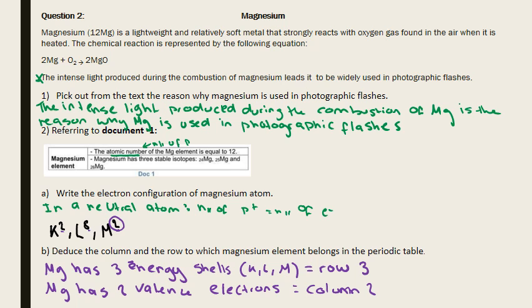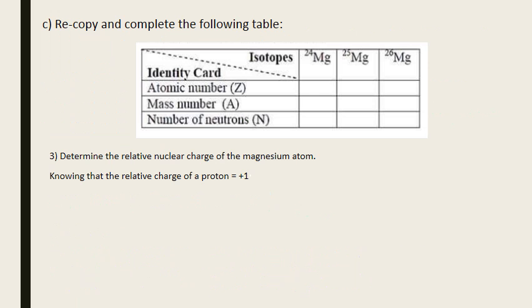It says deduce, so we have to look at the information that's above. Here it says recopy and complete the following table. So we know that the number of protons in magnesium, which was given in the previous slide, was 12. The atomic number for all magnesiums is not going to change, especially for isotopes, because in isotopes it's the number of neutrons that change and not the number of electrons.